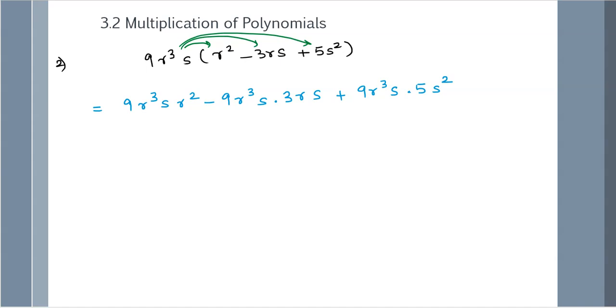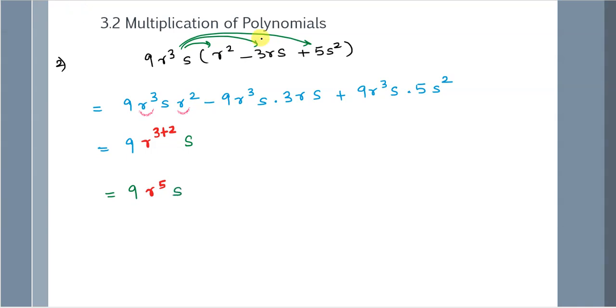Here only one number, so you write 9. You have two r terms, r power 3, r power 2. Gives you r power 3 plus 2, that is r power 5. Law of exponents. Okay. Here only s. So first is 9 r power 5 s.